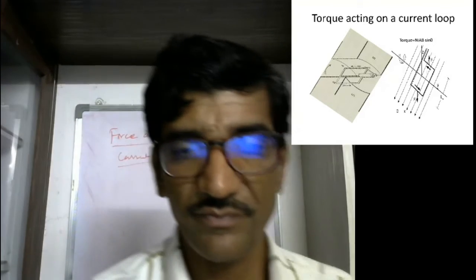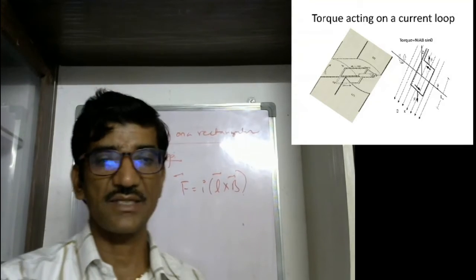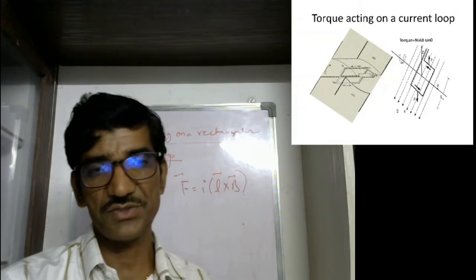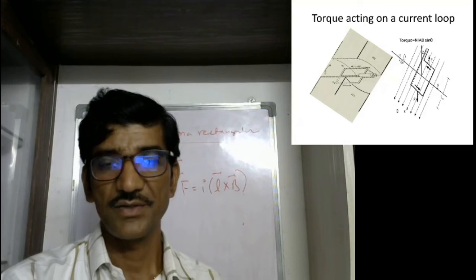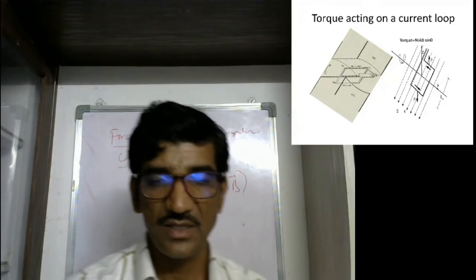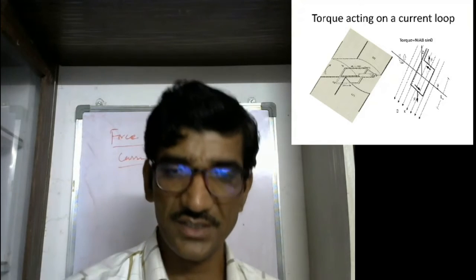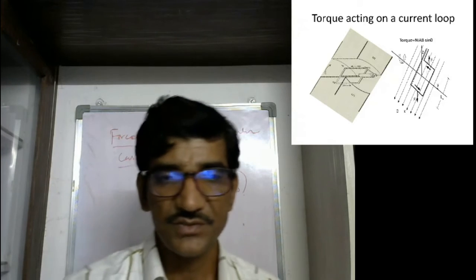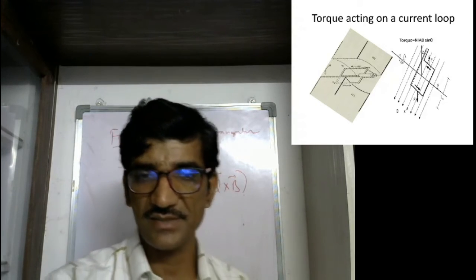Next, if you are going for another conductor, there also you have the current direction the same. Then your field lines are coming like this.